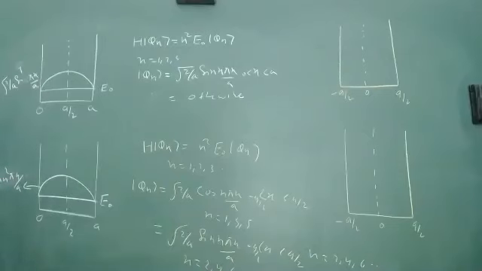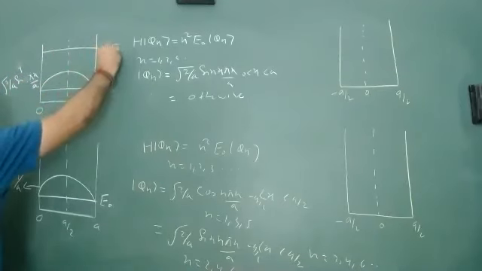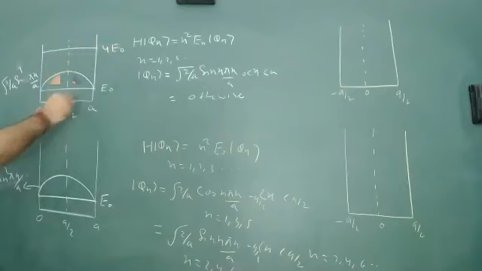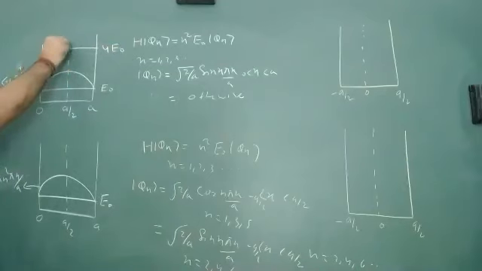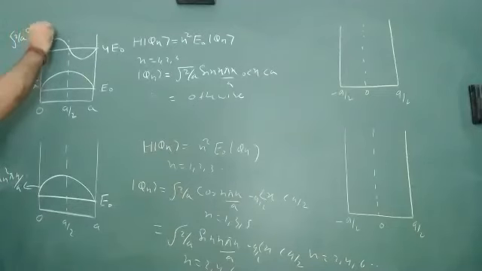And if I am going for the first excited state, this is 4 E naught, and this value is something like this. This is the eigenfunction, and this value is root 2 by a sine 2 pi x upon a.